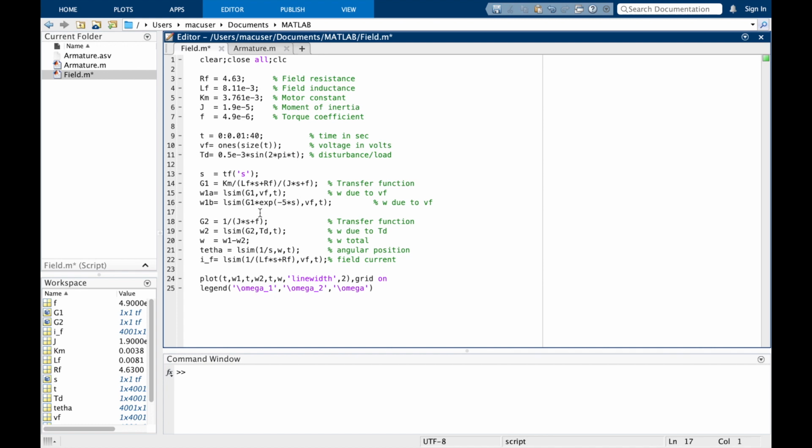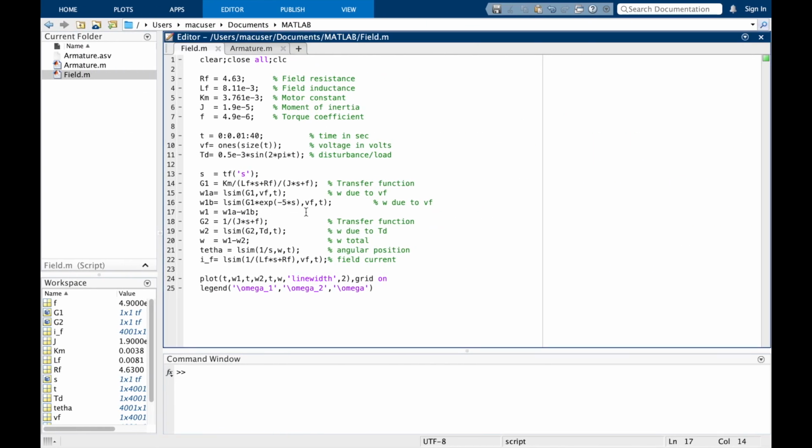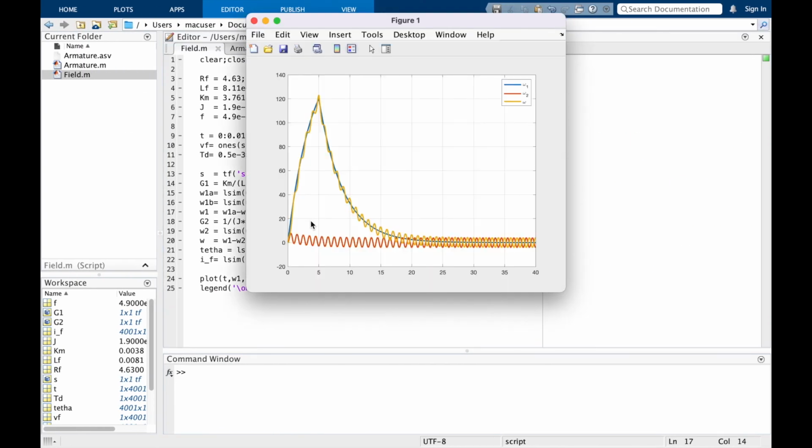Omega 1 is equal to omega 1A minus omega 1B. Why minus? Because this is a subtraction, not an addition: this result minus this result. I'm running this. This is the response: the blue one is omega 1, the red one is omega 2, and the orange one is omega, or the total.